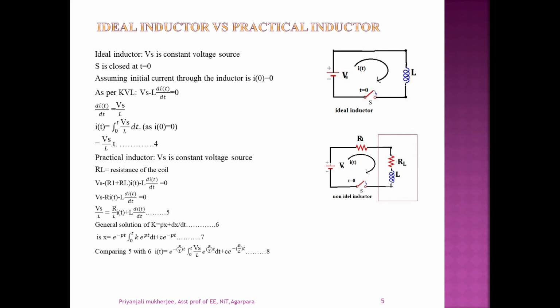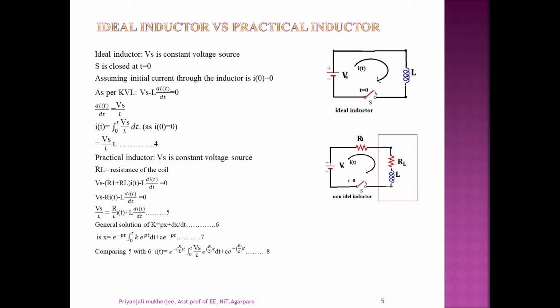So, now consider the practical inductor and the ideal inductor. This one is the ideal inductor. In the ideal inductor, we are considering that Vs is a constant voltage source and E is equal to 0, the switch is closed, and we are assuming that the initial current through the inductor is 0, hence I0 is equal to 0. In an ideal inductor, we know V is equal to L di/dt.